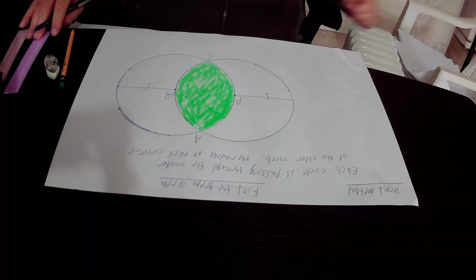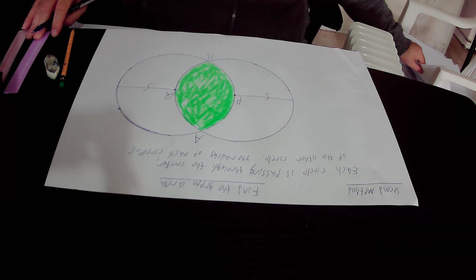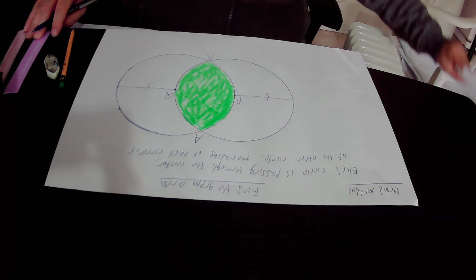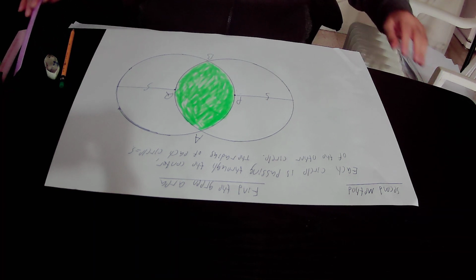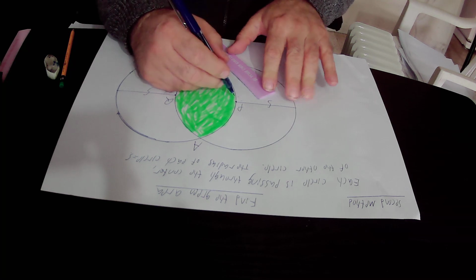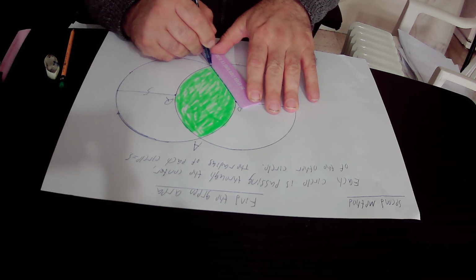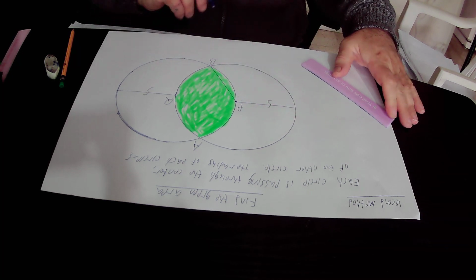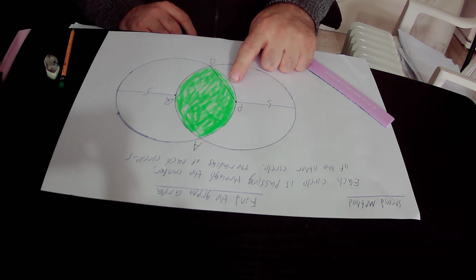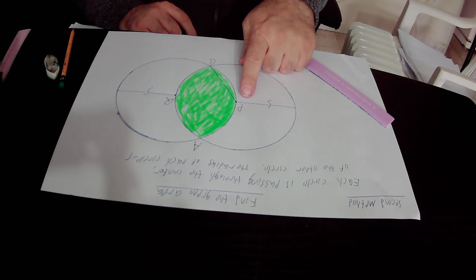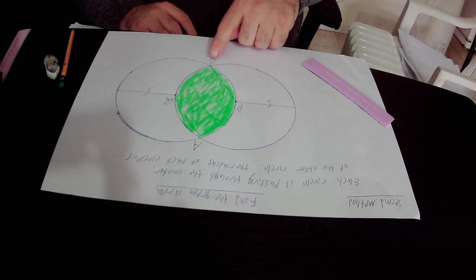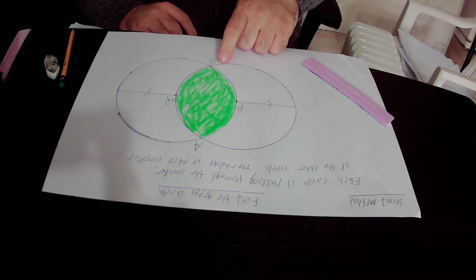We will join points A and B by a straight line, and we will join points P and B by a straight line. Line segment PB is the radius of this circle because it starts from point P and ends at point B, that is the point of the circle itself.